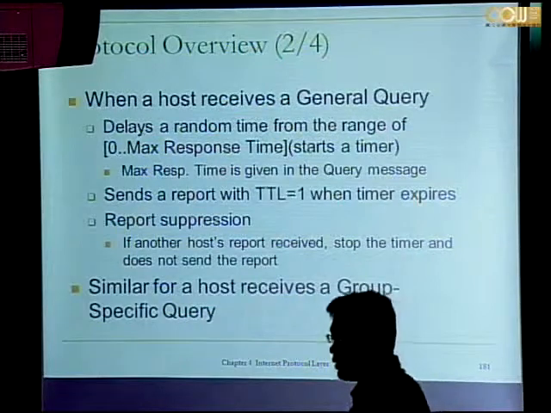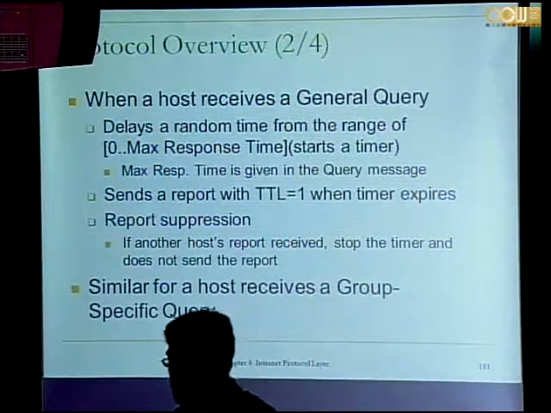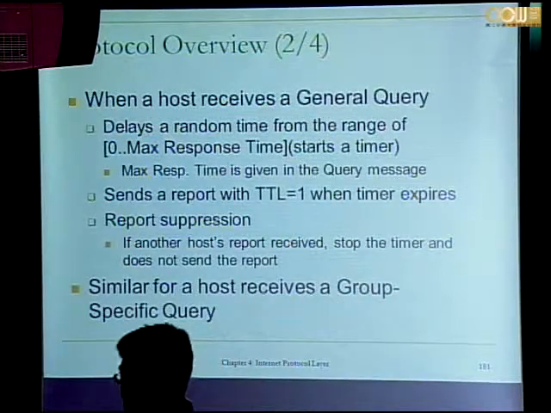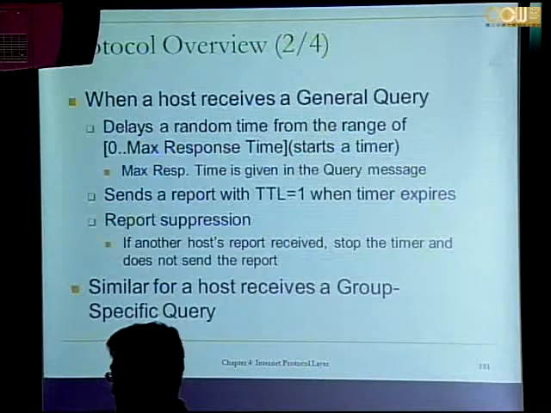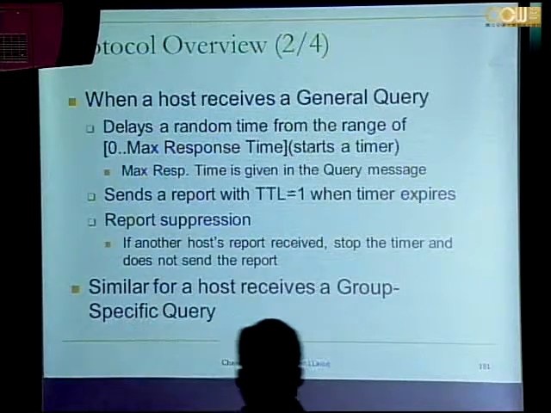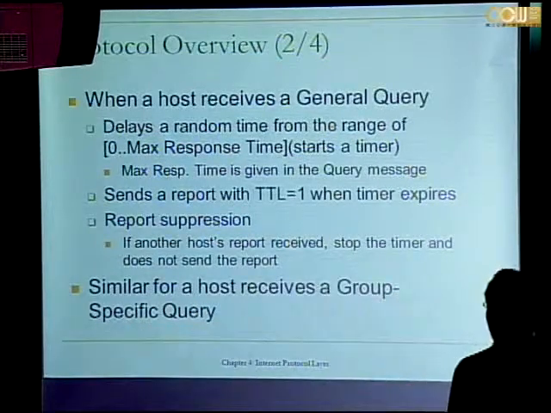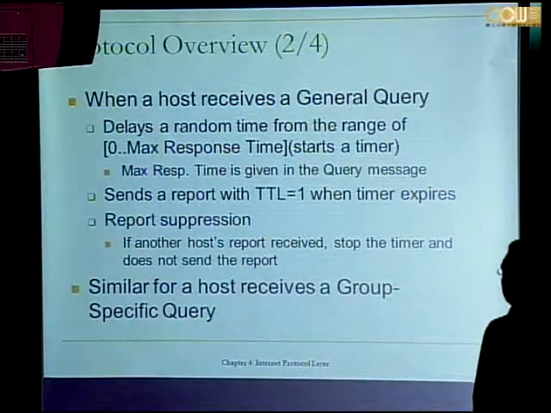And once there's one host who sent the report first, saying it belongs to this class D address, the other hosts who belong to the same class D address will suppress their report.